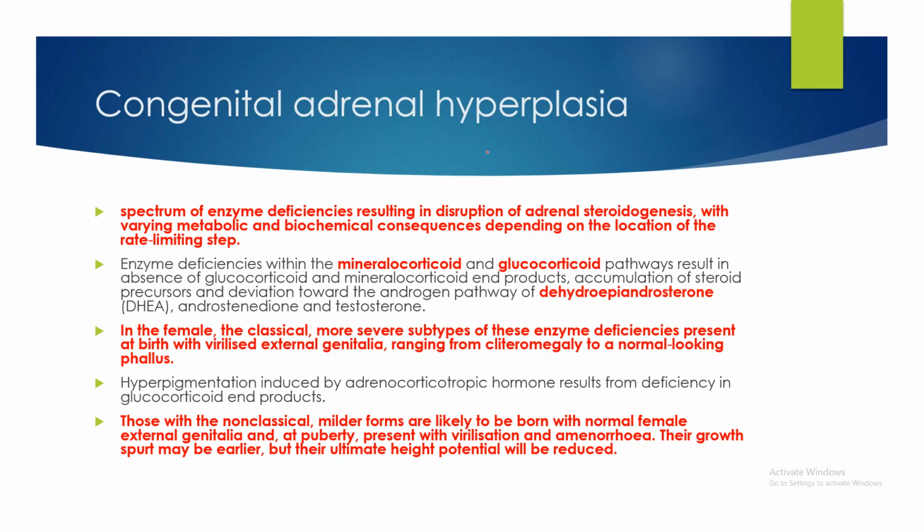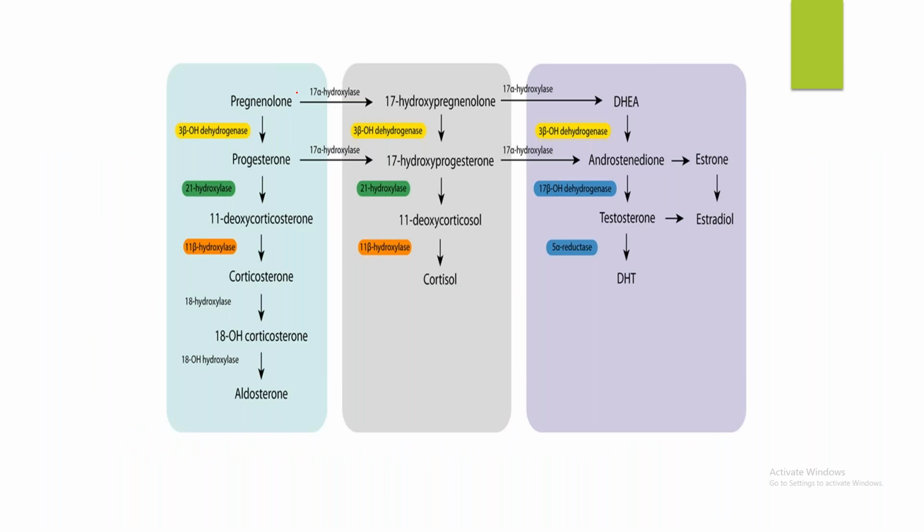There are three pathways, as you can see here. Pregnenolone is converted with the help of these enzymes into different products. The first is the mineralocorticoid pathway, the second is the glucocorticoid pathway, and the third is the androgen pathway. It is the same precursor, pregnenolone, which is converted by different enzymes into these different products.